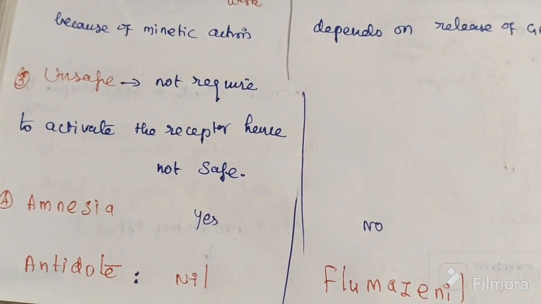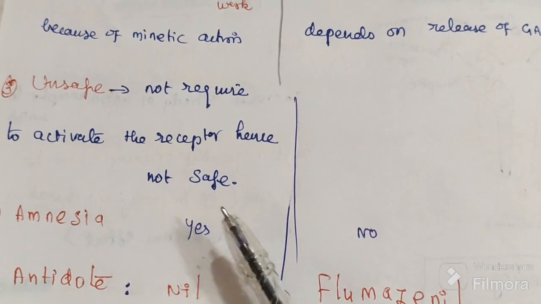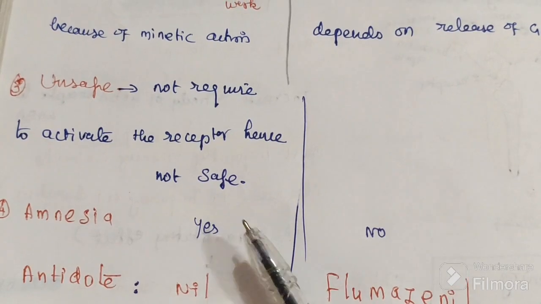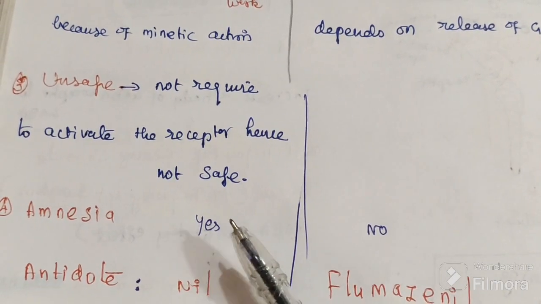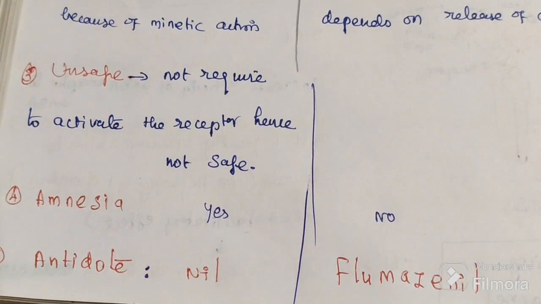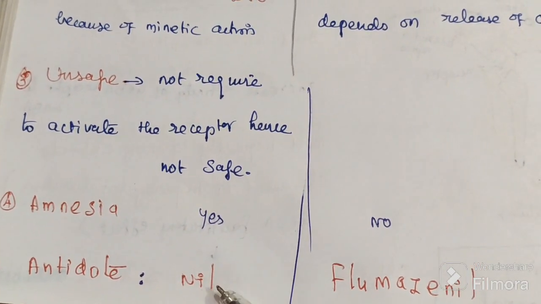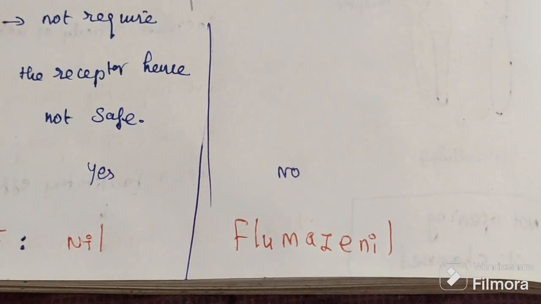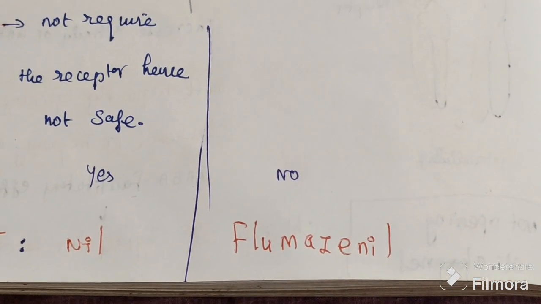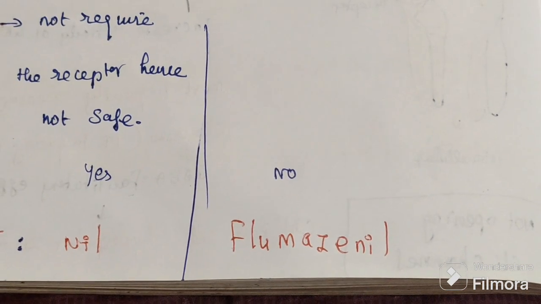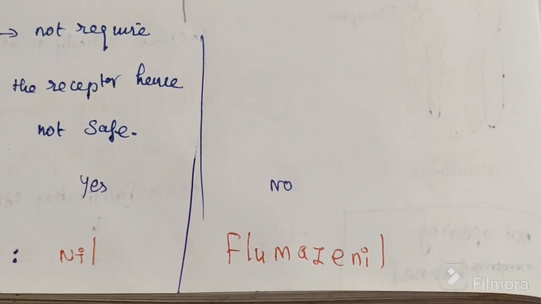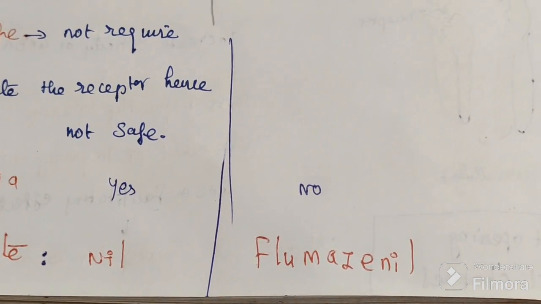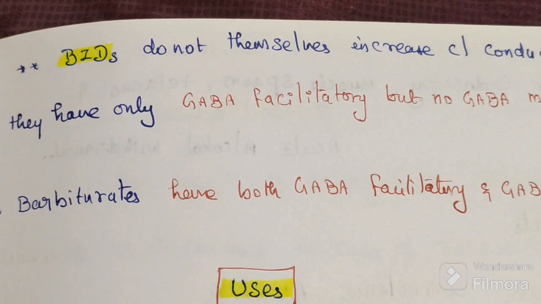Then amnesia: in barbiturates we already know it happens. If a patient forgets to take the medicine, they take it again and again, so amnesia will happen. Here no amnesia. Then antidote: for barbiturates nil, but here we can use an antidote, flumazenil, which is available in the market.